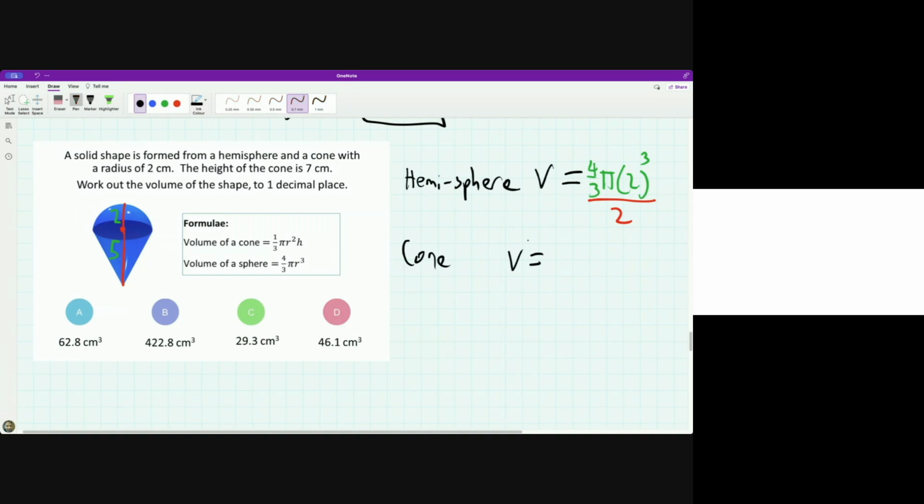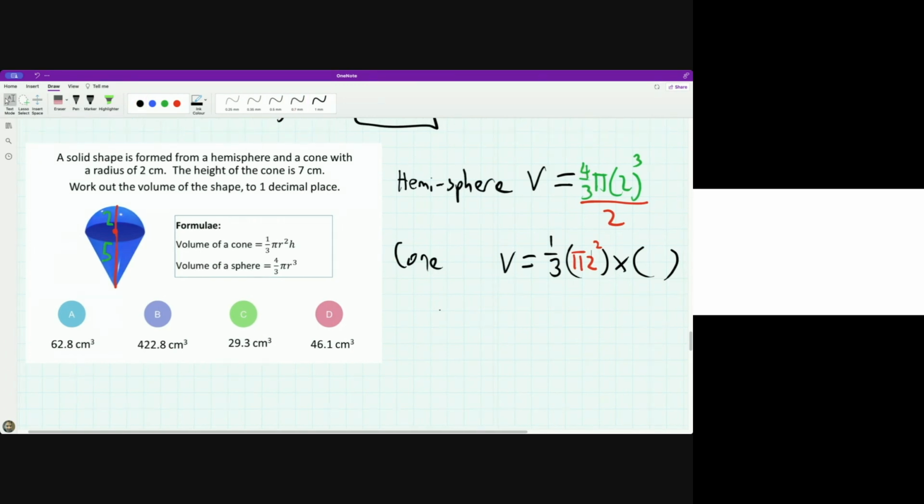Now for the volume of the cone, I go 1/3 area of the base times the height. Now I know what the area of the base is going to be. It's going to be pi r squared or pi 2 squared. The only debate now is whether or not this should be a 5 or a 7. Can you figure out which option you think is correct?